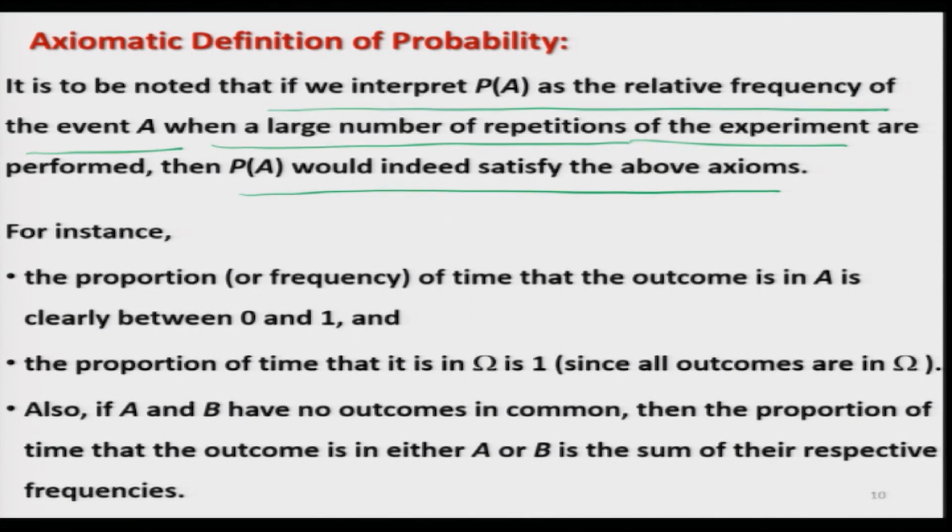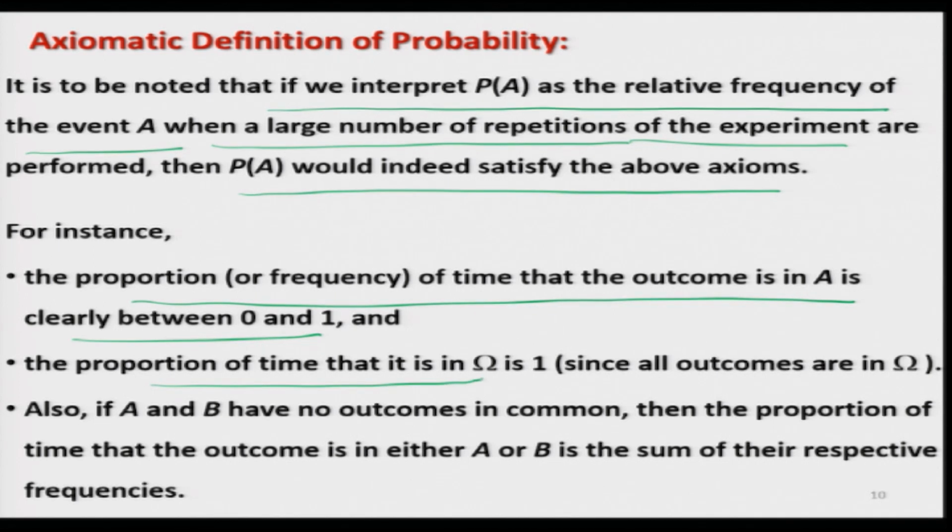For example, the relative frequency is only a proportion. The proportion of times that the outcome is in A is clearly between 0 and 1, and the proportion of times that it is in omega is always equal to 1, since all outcomes are in omega. That is our assumption, and that is how we define the sample space omega.